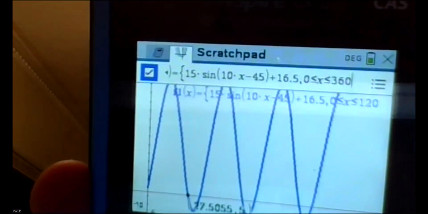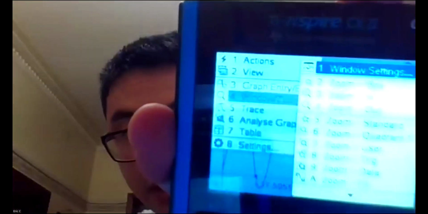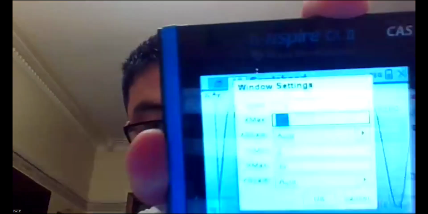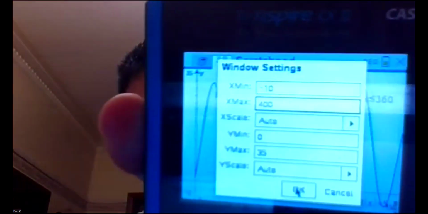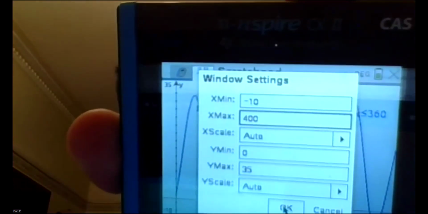The domain, stretch it out to 0 to 360 and press enter. The graph is now further stretched out. So you need to go back to your zoom settings, window settings. And instead of 150, you want to go more than 360. So maybe 400. Keep the Y settings the same, just the X max to 400. Go ahead and press OK.